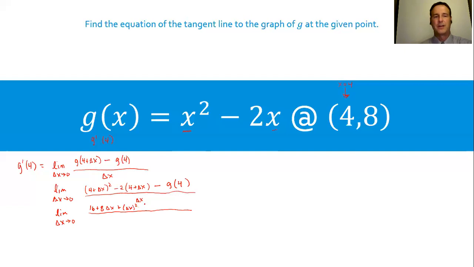That will give you subtract 8, and a -2 delta x. And g of 4 is 4 squared minus 2 times 4, and I think that gives me 8. So all over my delta x.